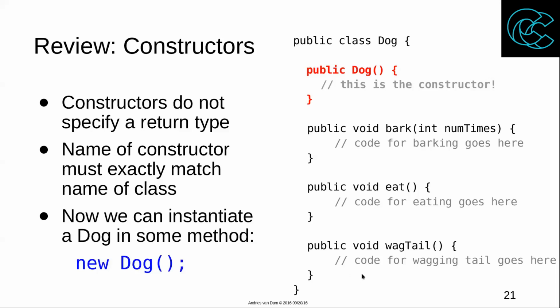Is the main method outside of this class or inside? It is inside the class. In Java we have to make a wrapper class. Yes, so if it is inside, then you can create an instance of Dog.